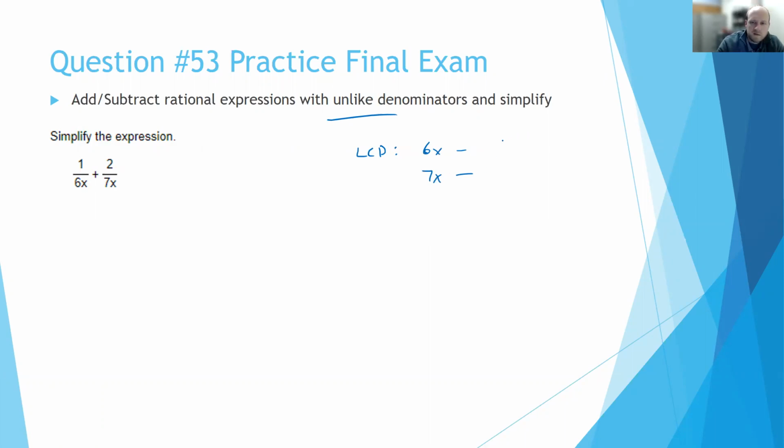Well, we learned that we could write those out in the form of prime factors. And then we need the greatest number of those in here. So we need a 2, we need a 3, we need a 7, and we need an x. Okay, so your LCD in this case is actually 42x.